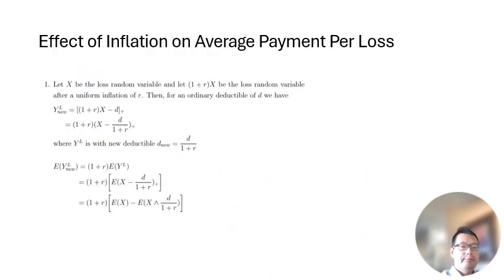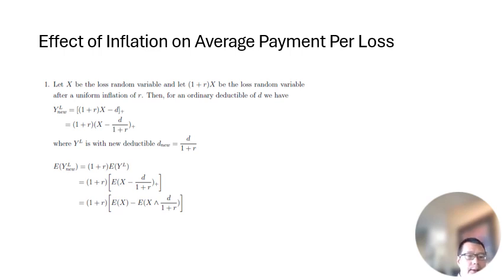Now let's talk about the effect of inflation on average payment per loss. We talked about inflation before. Basically, suppose the inflation rate is R, then the new loss will be 1 plus R times X. So if we set this new loss, we call YL, equal to 1 plus R times X minus D, where D is the deductible.